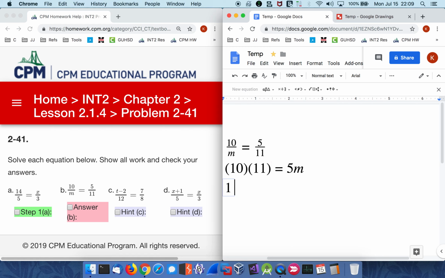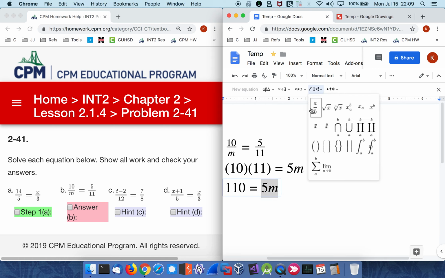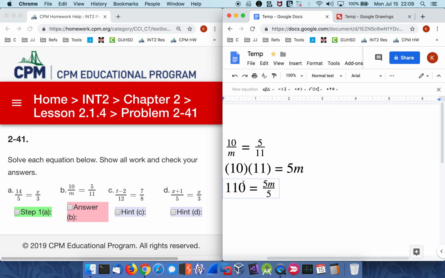And we know that 10 times 11 is 110 equals 5m. And we know that if we divide this side by 5, and we divide this side by 5, we will get m equals, let's see, that's 22, is that right?